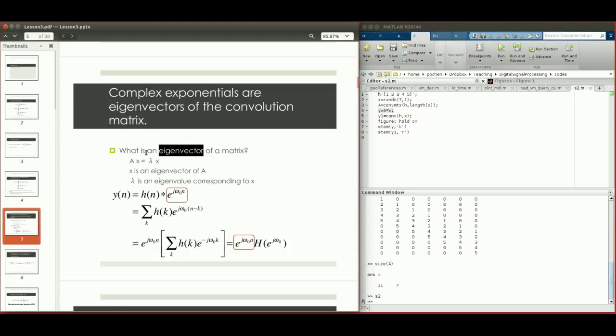So what exactly is an eigenvector of a matrix? If you do a linear algebra multiplication, matrix times vector, A times x, matrix vector multiplication, and you can represent this matrix vector multiplication using a scalar vector multiplication, then lambda is called the eigenvalue and x is called the eigenvector of A.